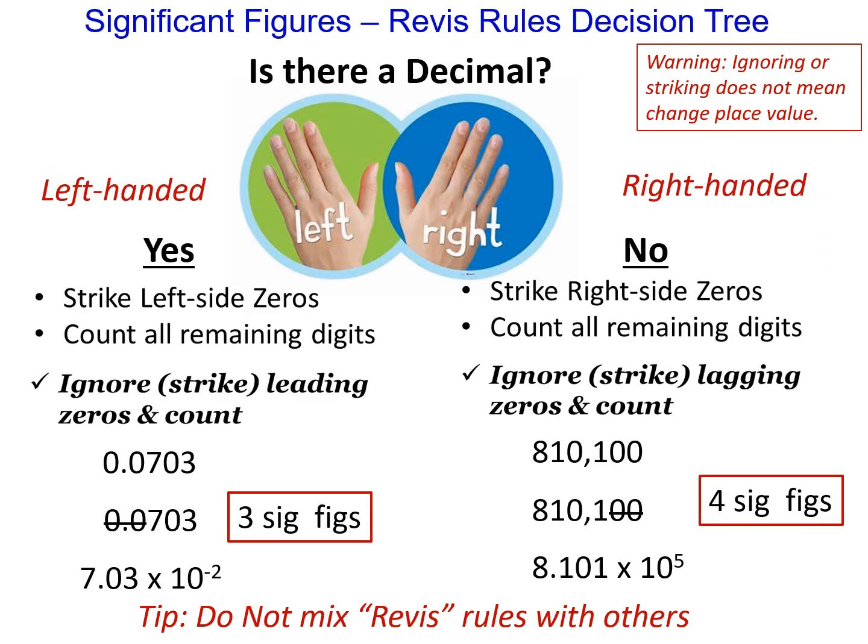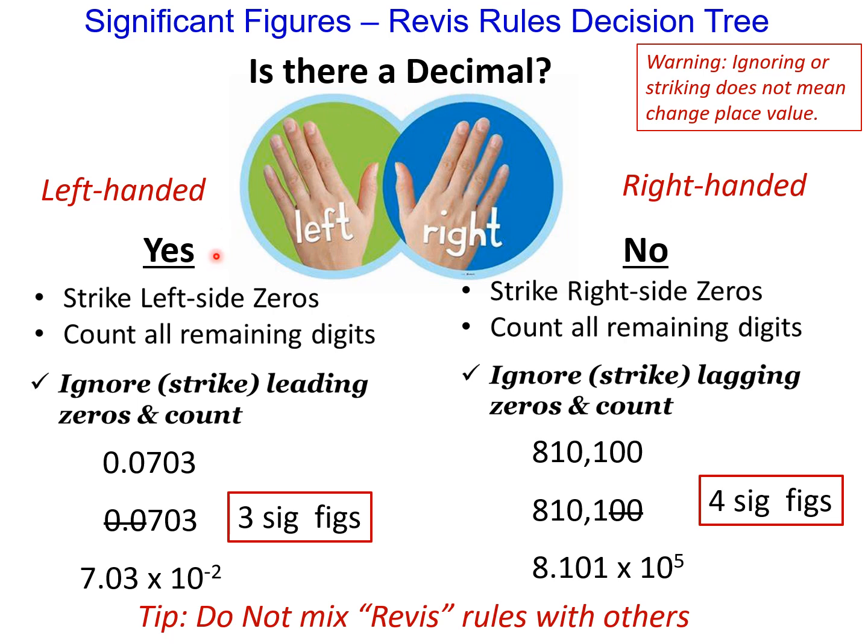Now, one way to simplify this for thinking purposes, or a decision tree process, would be to think about the left-sided zeros and the right-sided zeros, or the left-handed or the right-handed zeros. So here we would ask the question, this is a decision tree process. Is there a decimal?